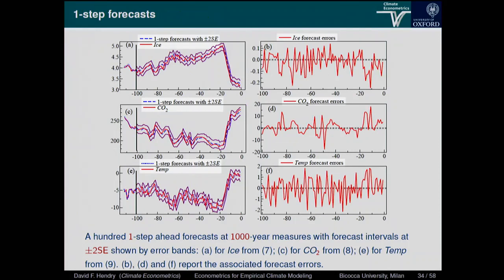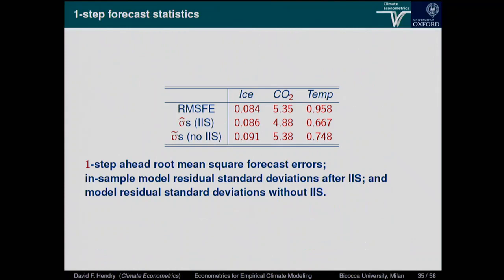So these are the forecasts over the last 100,000 years in 1,000-year intervals, so there's 100 of them, together with the actual forecast errors, not scaled by the residuals, but actually what the errors look like. And all the forecasts lie well within the one step ahead confidence bands you'd have calculated from treating it as a simultaneous system. Indeed, it's very interesting.